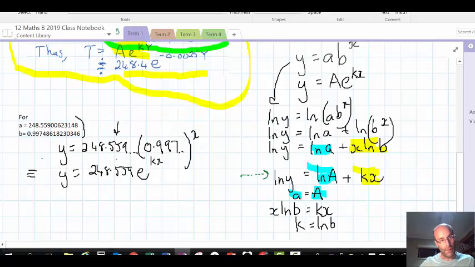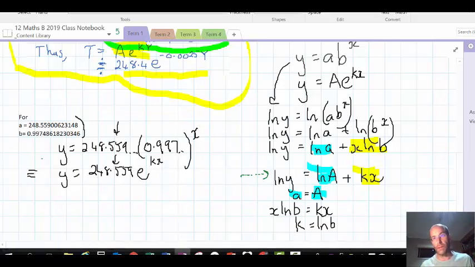So see, the 248 is the same value for upper and lowercase a anyway, because when x is 0, the e to the kx will make that e to the 0, which is 1, and the b to the x is b to the 0, which is 1. So they're the initial values as such, so they will stay the same for that reason as well.